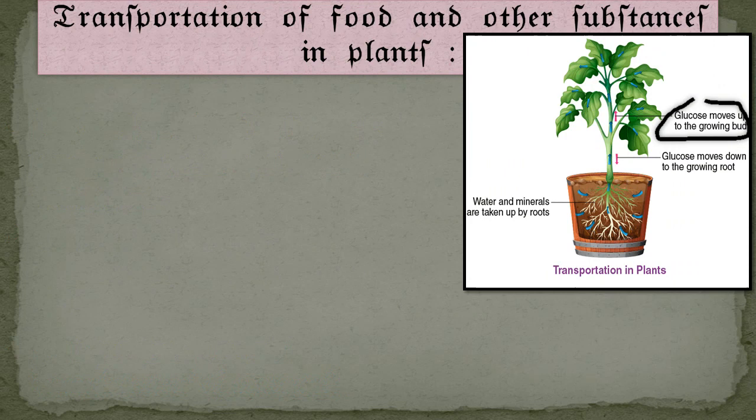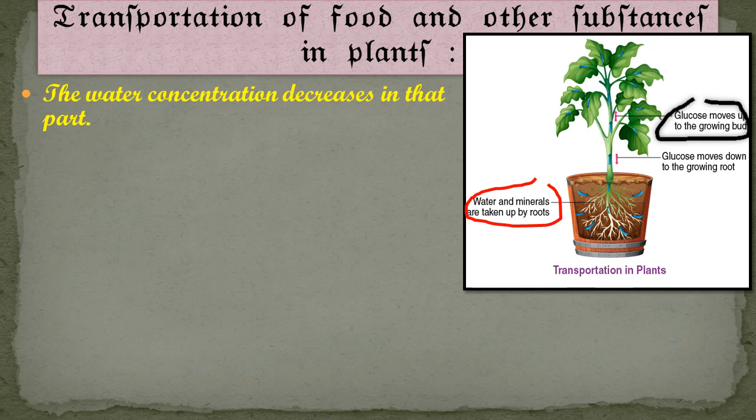Student, you can observe here one picture of transportation in plants. Water and minerals are taken up by the roots, glucose moves down to the growing root, and glucose moves up to the growing bud. Whenever food material like sucrose or glucose is transported towards a part of a plant via the phloem with the help of ATP, the water concentration decreases in that part.